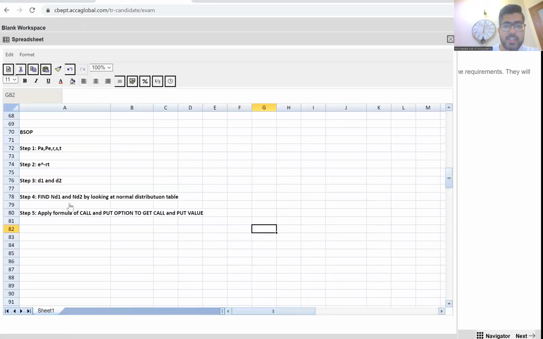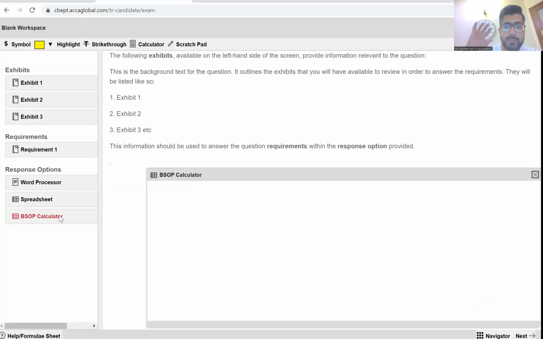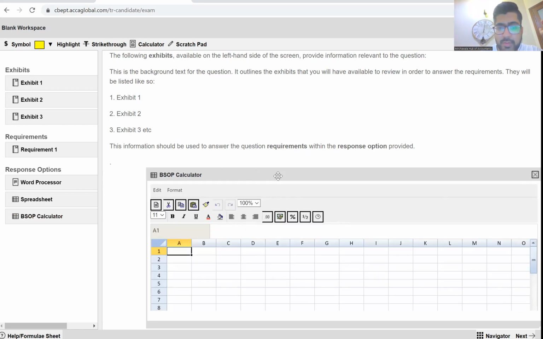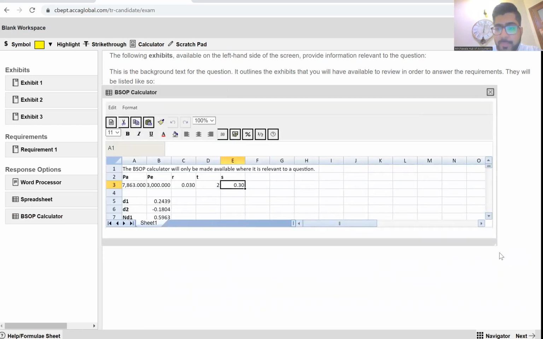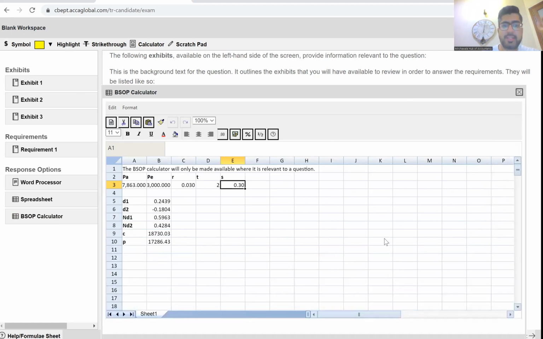You will find a spreadsheet where you can write answers if you want. And there is a new thing added called BSOP calculator, and all calculations of BSOP are done via this calculator. No need to perform any calculations.